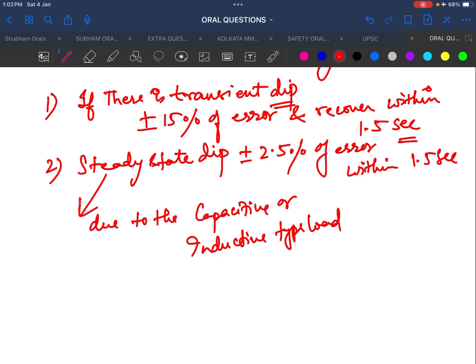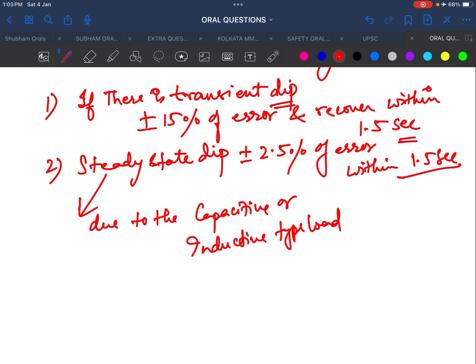When any machinery is running continuously with a capacitive and inductive type of load, there is a drop in voltage, and this voltage drop will continue as long as the circuit is working. So there is a steady state dip, and that is regulated by the AVR, and the AVR will recover that dip, up to plus or minus 2.5% of error, and recover within 1.5 seconds. This is basically the AVR regulation.